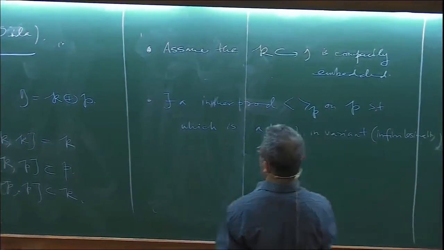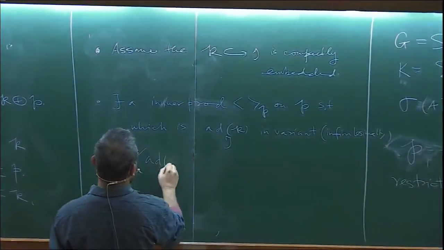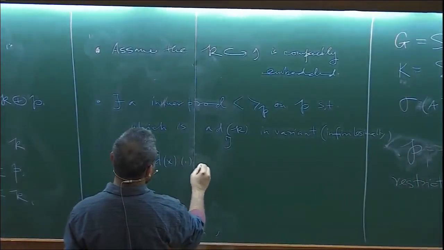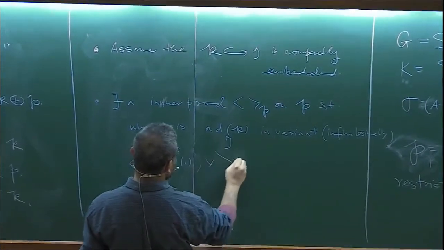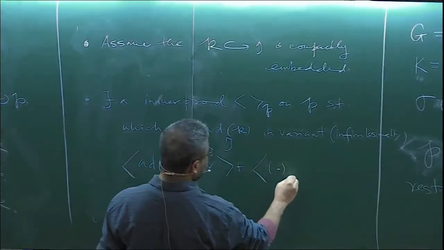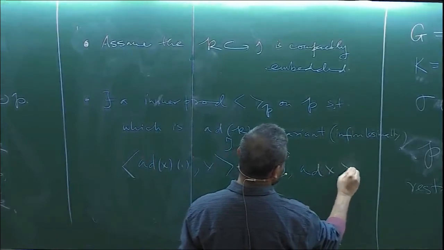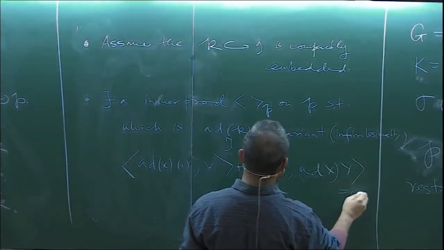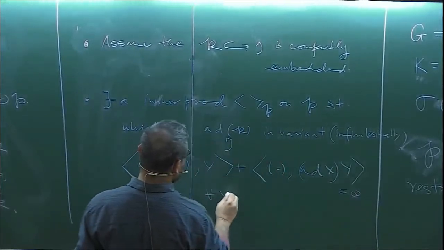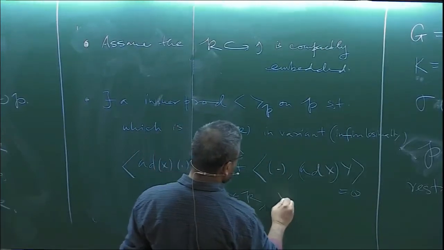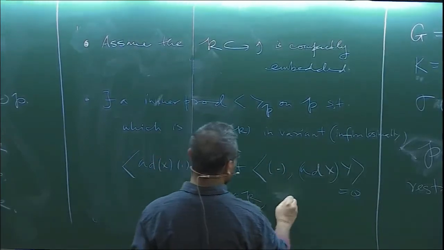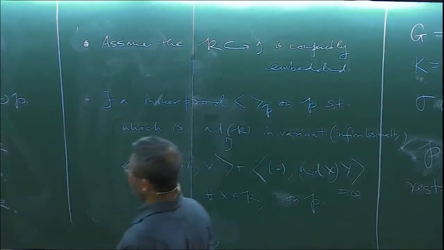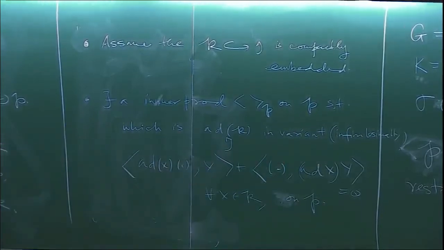That means <ad X(Y), Z> plus <Y, ad X(Z)> is 0 for all X in K and all Y, Z in P. Then the quadruple (g, s, K, P) is called an orthogonal involutive Lie algebra.